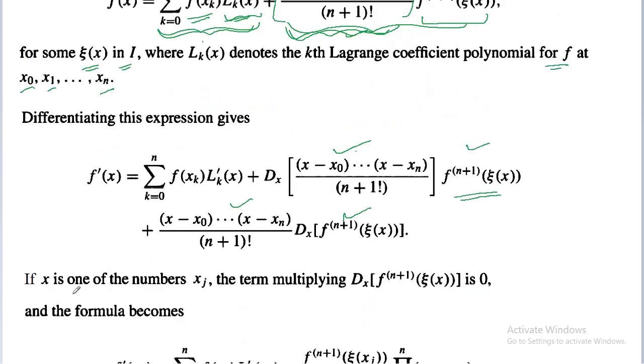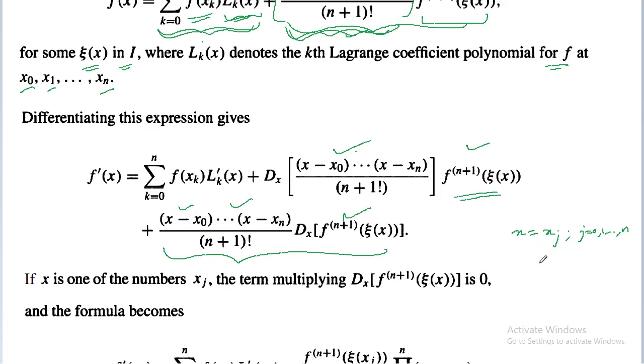Now suppose x is one of the numbers xj, that is, x is equal to some xj for j from 0, 1, 2, 3, etc., to n. In that case, this term will be 0, because we have the factors x minus x naught, x minus x1, etc., x minus xn.